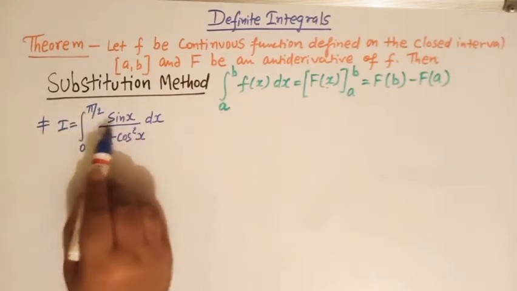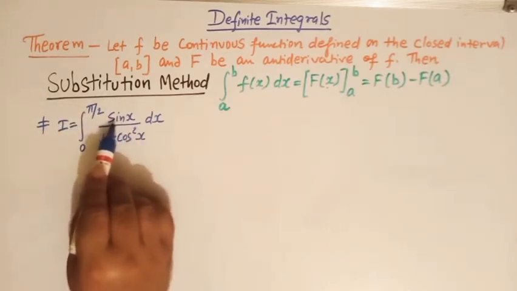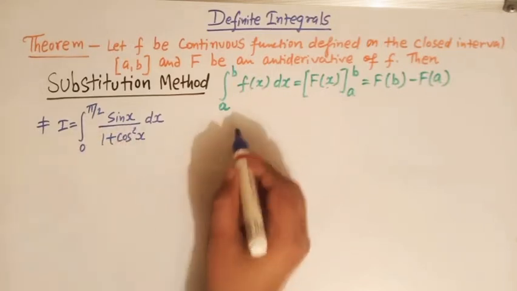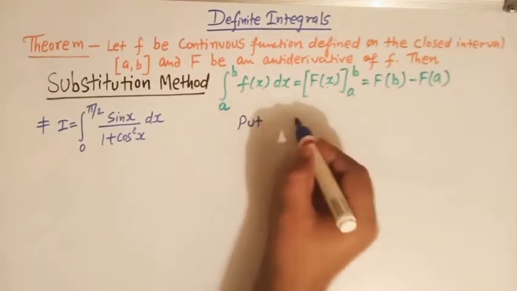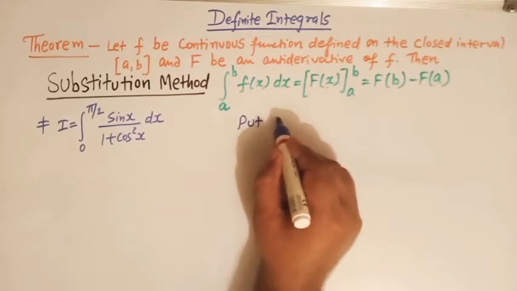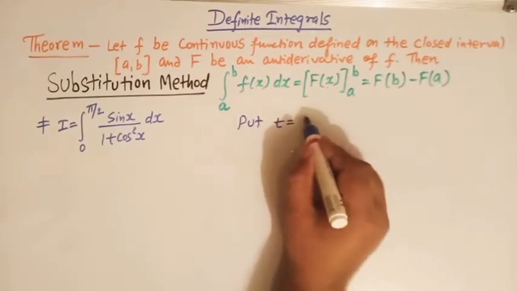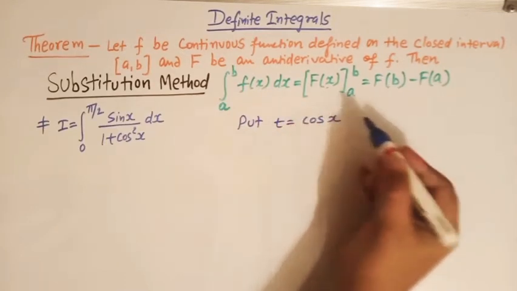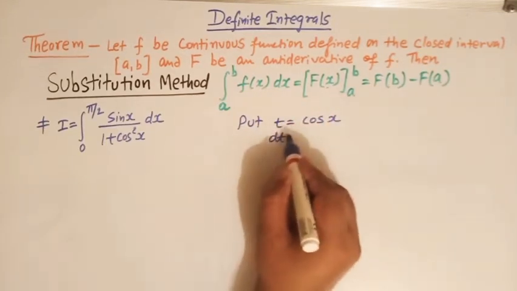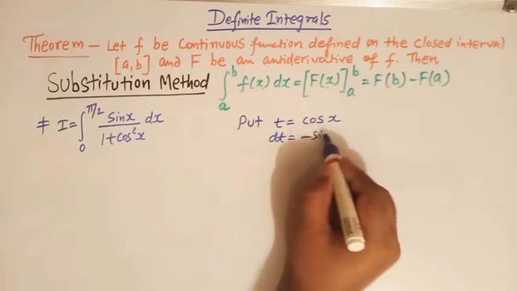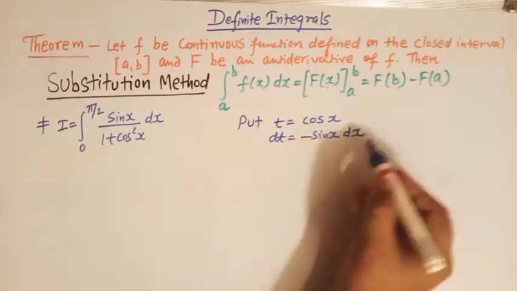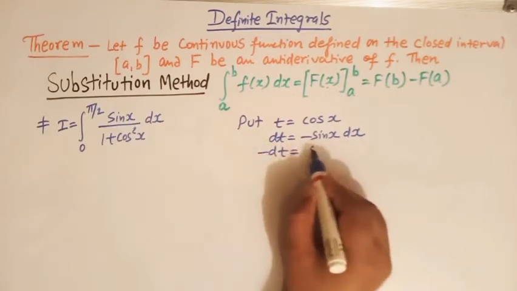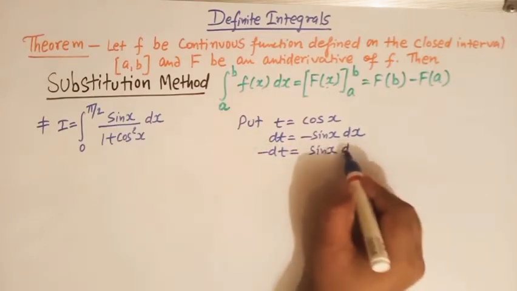Now here we see that we have sin x over 1 plus cos square x. Suppose we put t equal to cos x, then we have dt equal to minus sin x dx. So minus dt is equal to sin x dx.